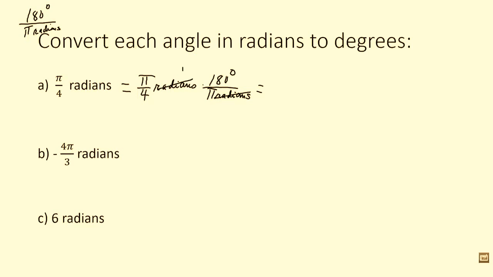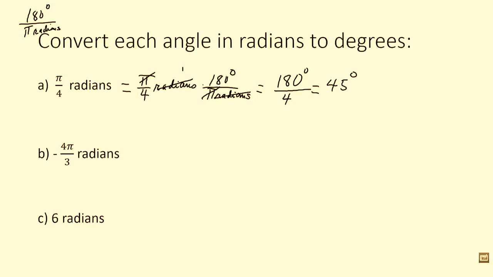And what do we have? We have 180 degrees, and it's pi radians, so the pi cancels. So we get 180 degrees over 4, which, if you do the division, is 45 degrees. So pi over 4 radians is 45 degrees.